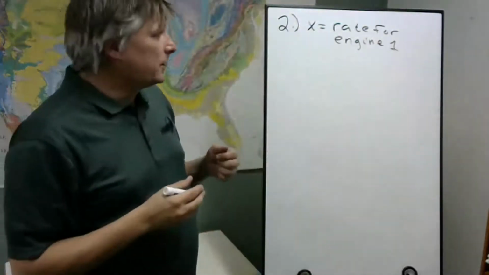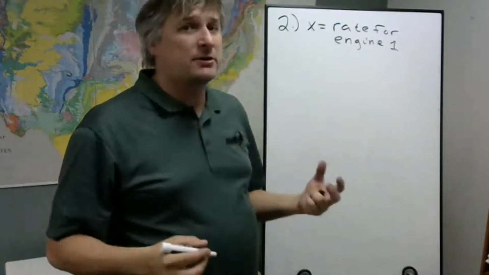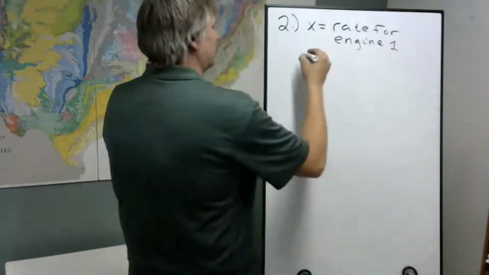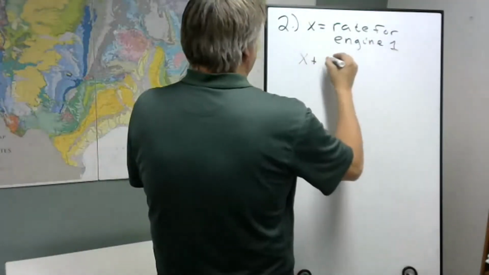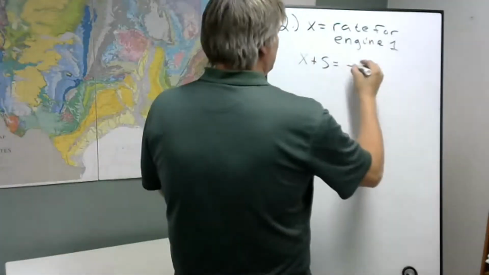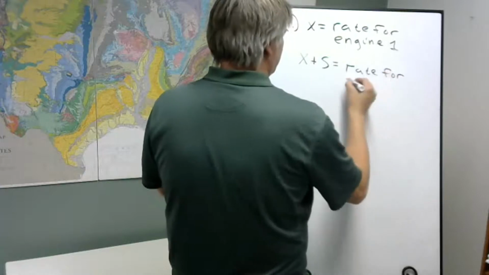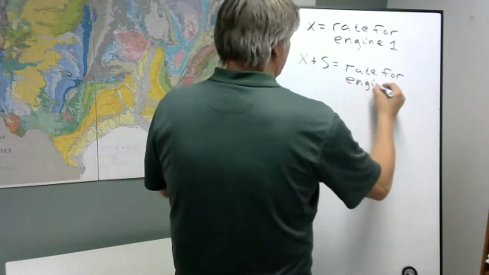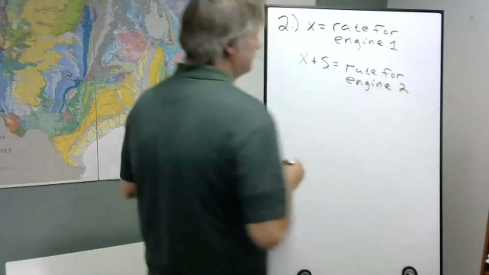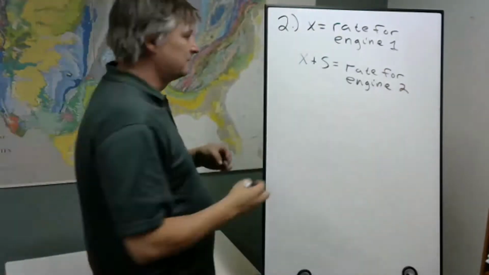So we have a rate for engine 1, x. Now that means because engine 2 is 5 miles per hour faster, this will be our rate for engine 2, x plus 5. And we're going to make this observation then.